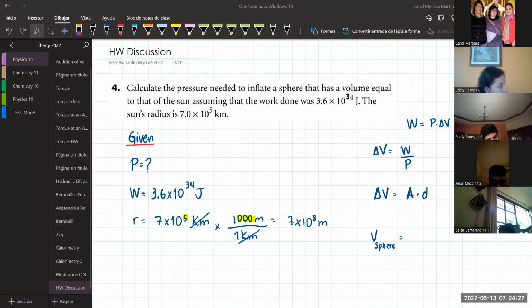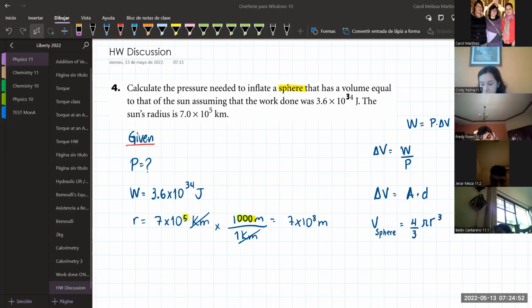Or because it is a sphere, a sphere has a specific formula to find its volume. Okay, so a way to find the volume of a sphere is by using the formula that is 4/3 pi radius to the third power.